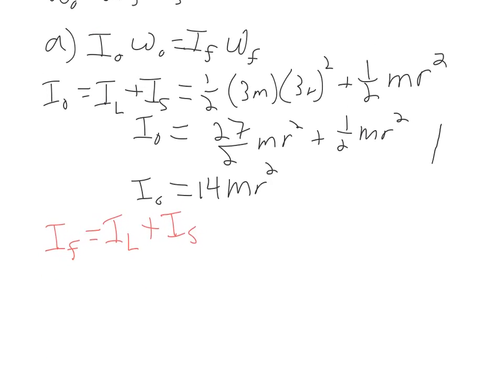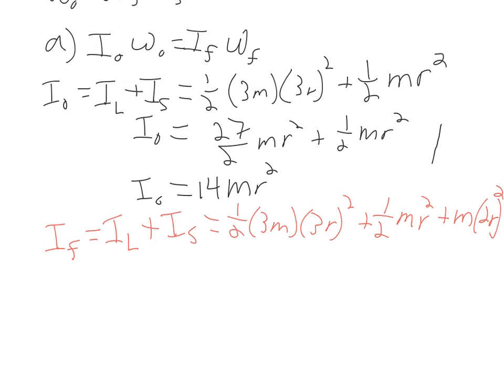So if we go to add these up, we still have 1/2 mr squared for the large, which is 3m times 3r quantity squared, which we already know what that comes out to be, and we still have plus 1/2 mr squared. So we already know what this all is, right? That's going to be our 14 mr squared. But now we have plus the mass of the small guy times his new distance away, 2r quantity squared.